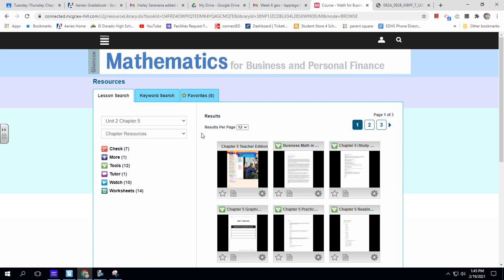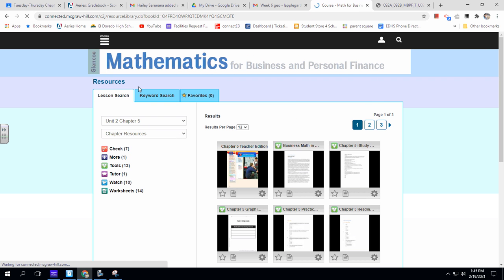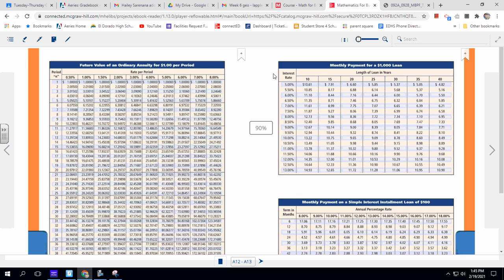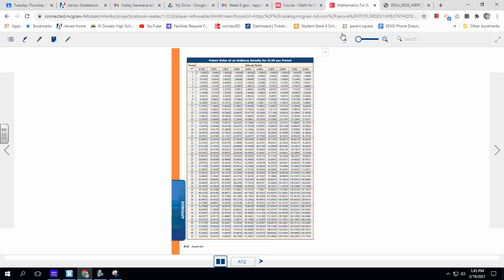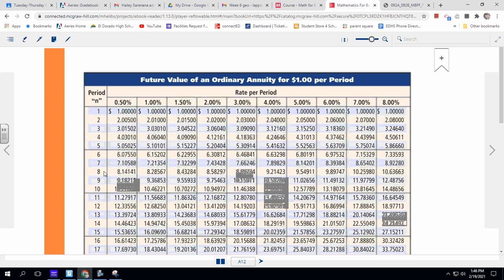So let me pull my math book up here. All right, so here we are at A12. Let's get a single view. And we have 8 quarters at 1.5%.